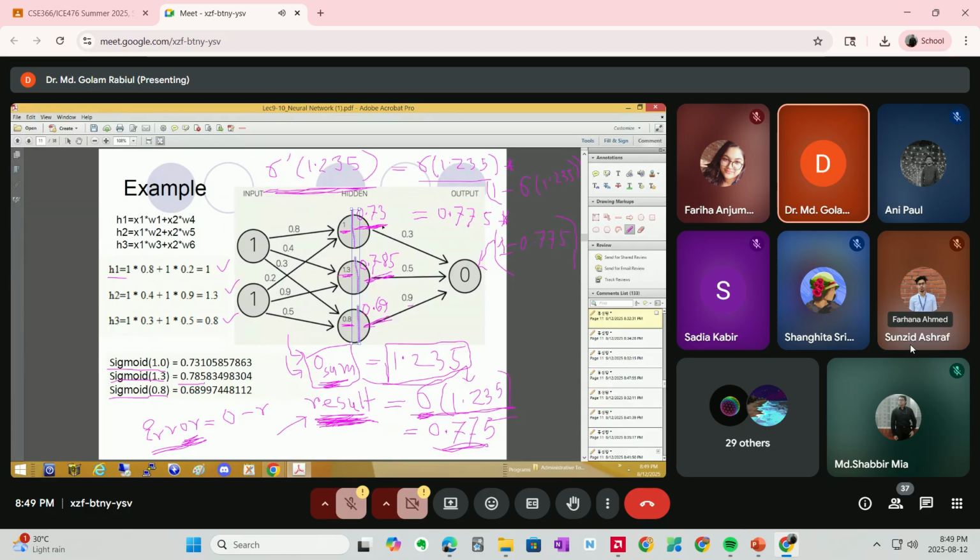We have multiplied these hidden layer results with the hidden to output layer weights. So these are the hidden to output layer weights. We have multiplied these two to find the output sum.